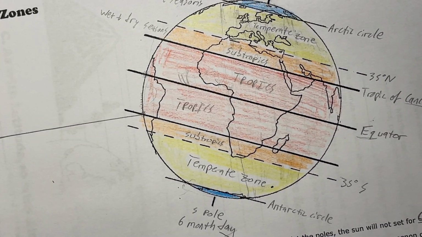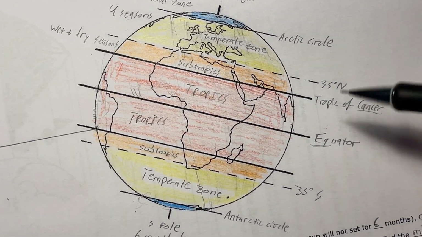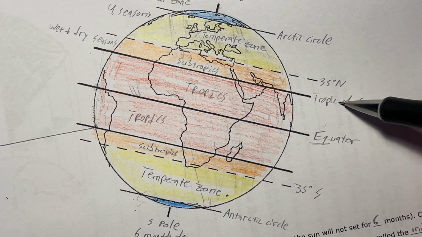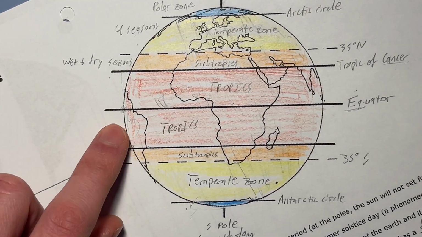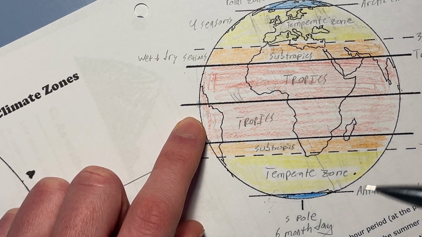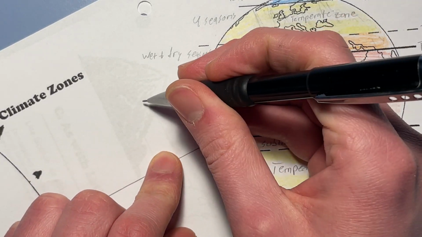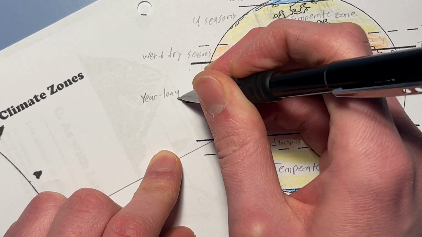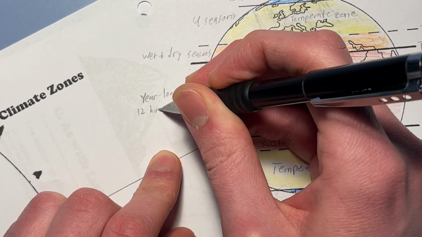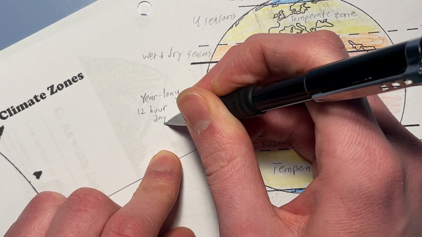Okay, so we've labeled the equator and the Tropic of Cancer. Here at the equator, you're going to have 12-hour daylight for the whole year. Year-long 12-hour daylight.